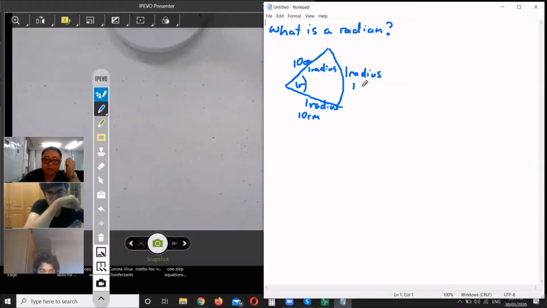Got it? In other words, the length of the arc is equal to the length of the radius. Makes sense. That will give you an angle of 1 radian.